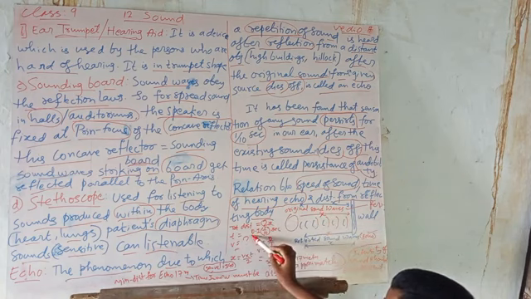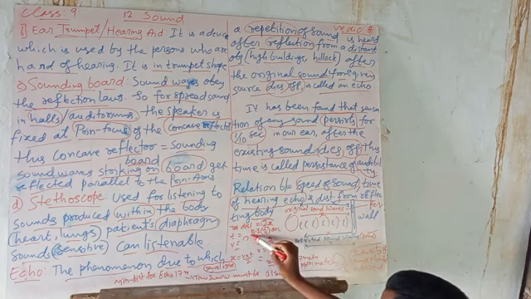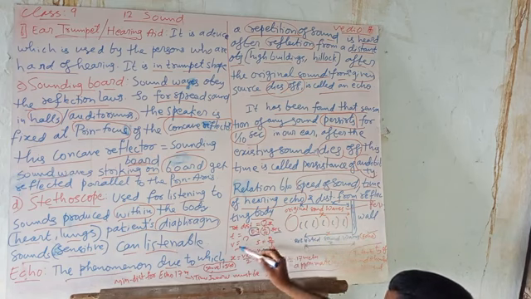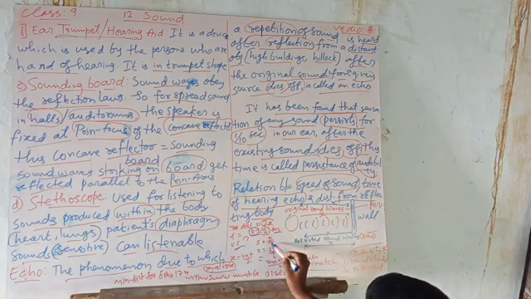Time is equal to 1 by 10, 1 by 10th means 0.1. You can write this easily: 0.1 or 1 by 10th second. Velocity. What is the velocity? We can use the velocity formula here. Look here. Speed s is equal to total distance by time.